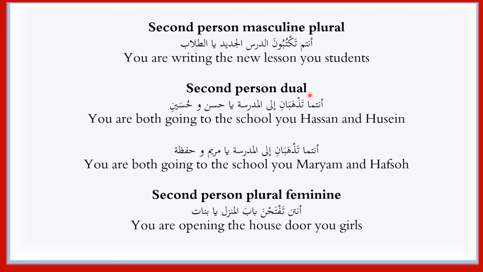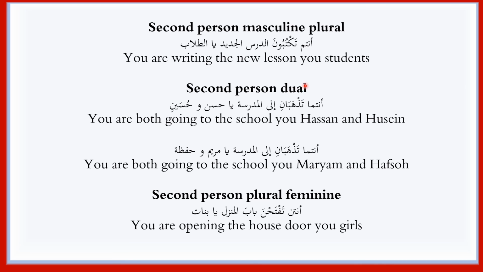Second person dual. أنتما تذهبان إلى المدرسة يا حسن وحسين. You're both going to the school, you Hassan and Hussein. أنتما تذهبان إلى المدرسة يا مريم وحفصة. You're both going to the school, you Maryam and Hafsa. You see that there is ta joined to the beginning of the fi'l المضارع and then alif and noon joined to the end, which makes it for second person dual.